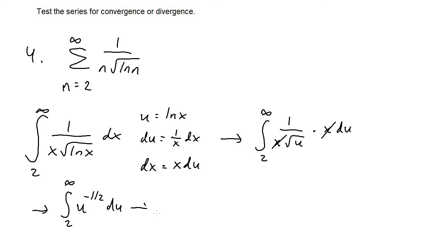Now the integral of u to the negative 1/2 is going to be 2u to the 1/2. I can go ahead and replace back the u. So then we have 2 times the square root of ln x, or 2 times ln x to the 1/2 power. And then we can go ahead and evaluate from our bounds of 2 to infinity.